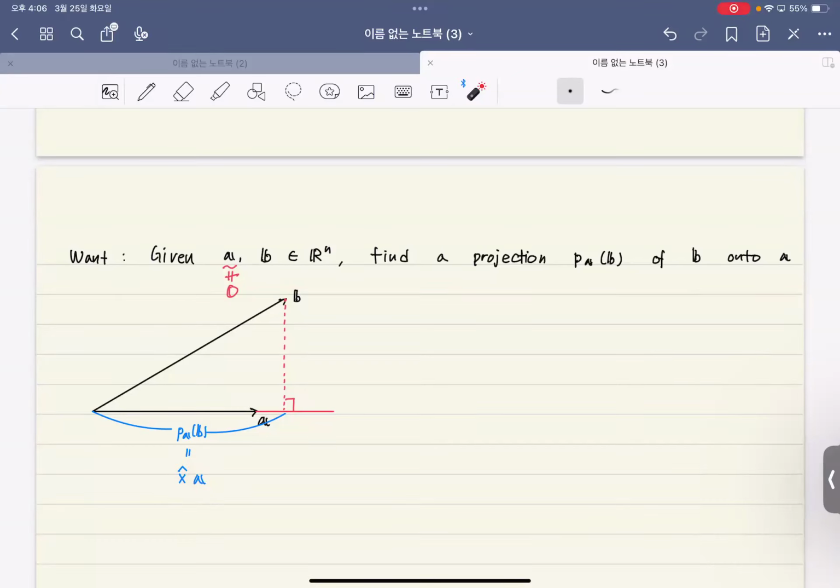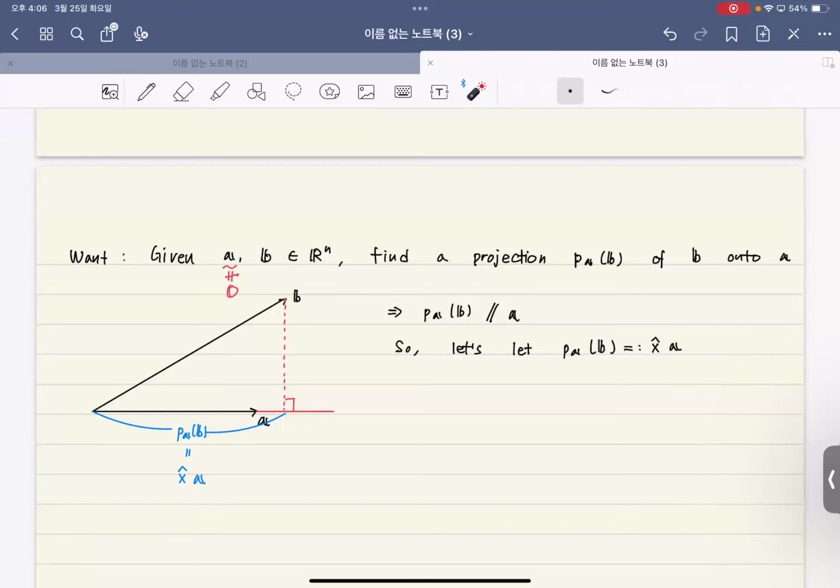So P_A(B) is parallel to vector A. So let P_A(B) be x hat times A.